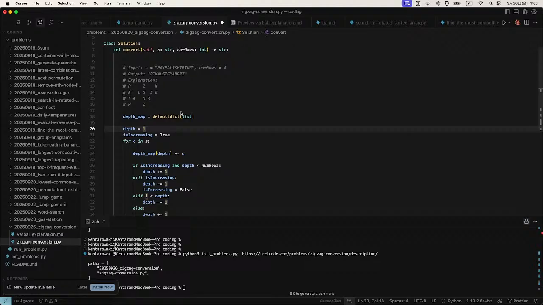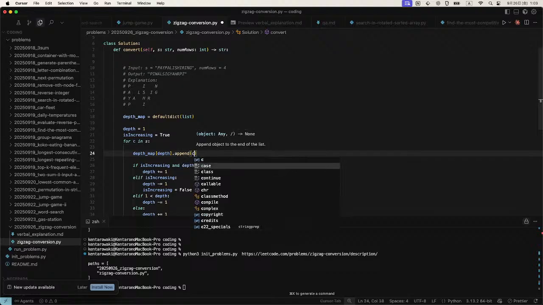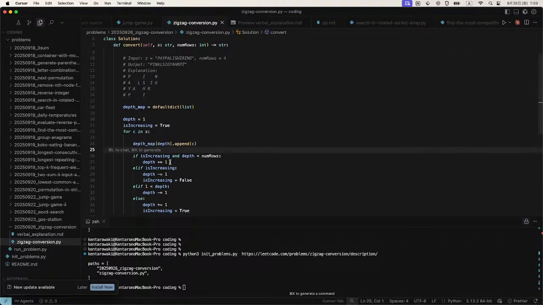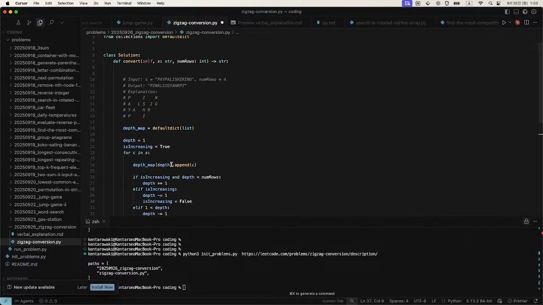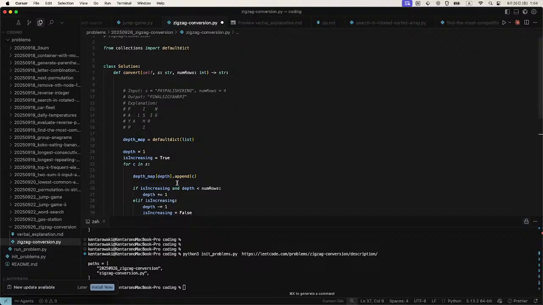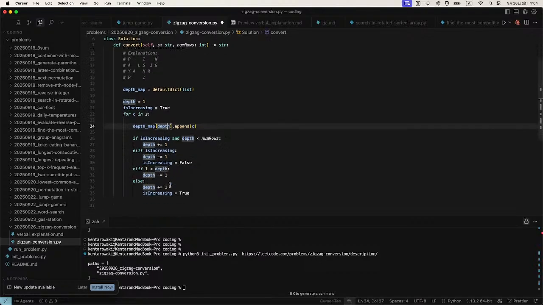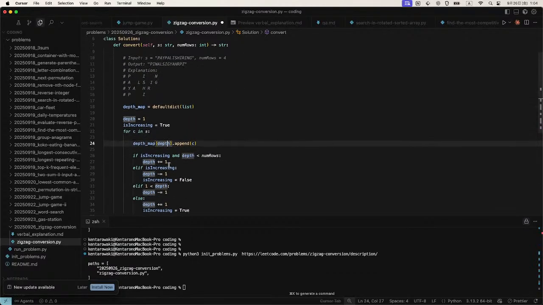The value type is list, and we can append C. By doing this, we can append the character to the same arrays, same vectors, so we can reduce the memory copies.